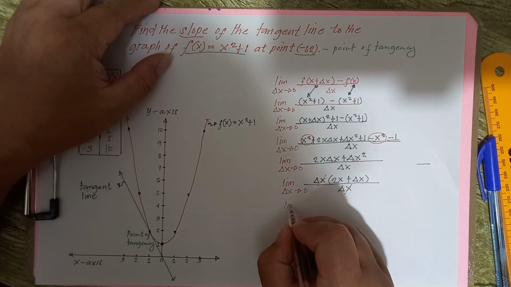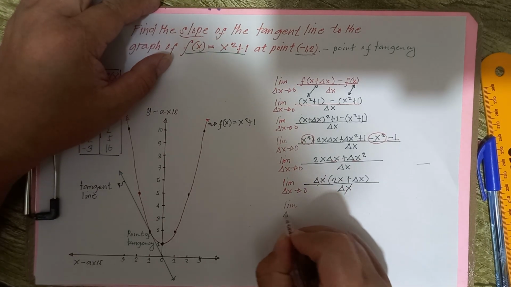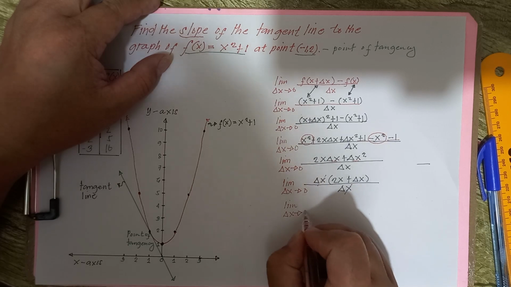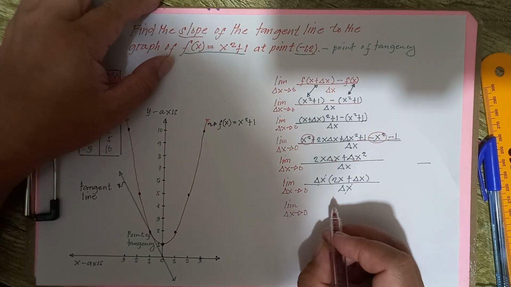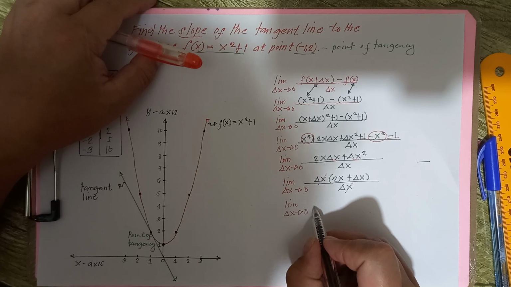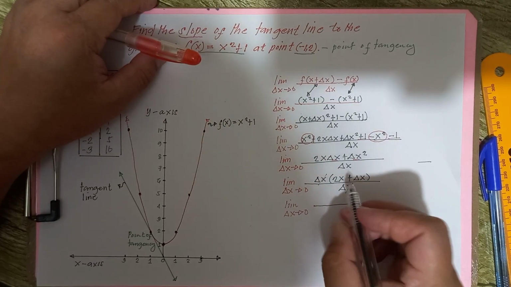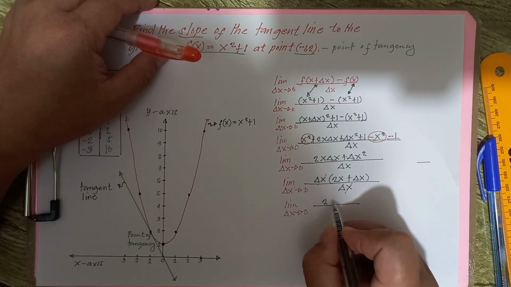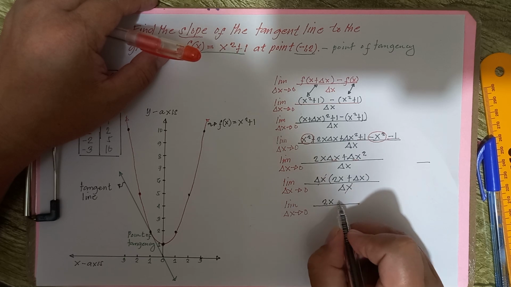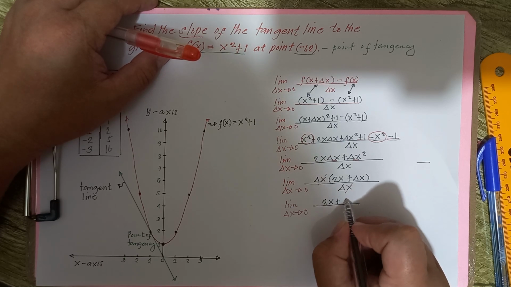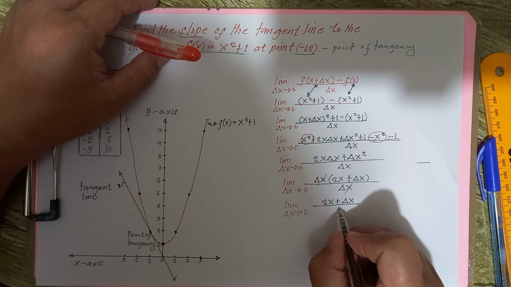the limit as your change of x is approaching 0 is equal to 2x plus change of x over 1.